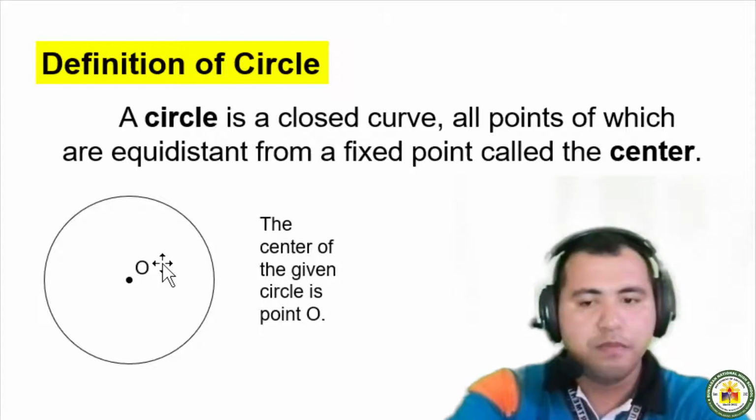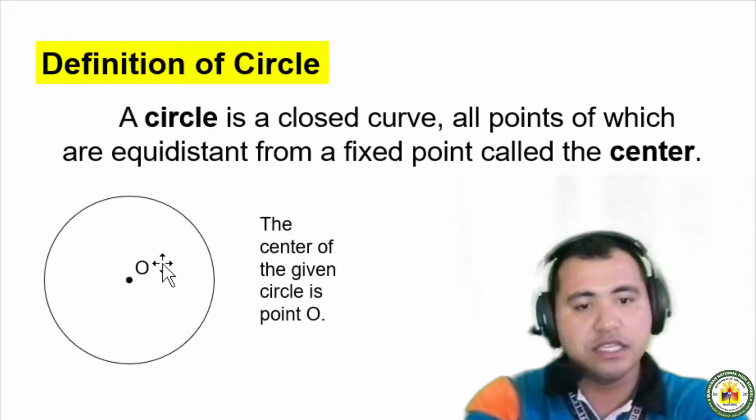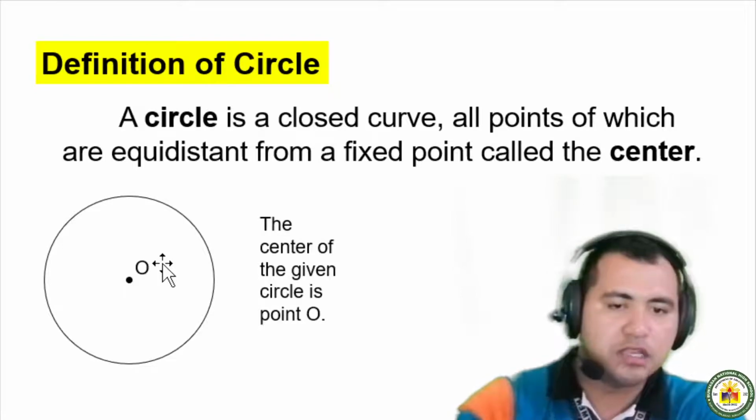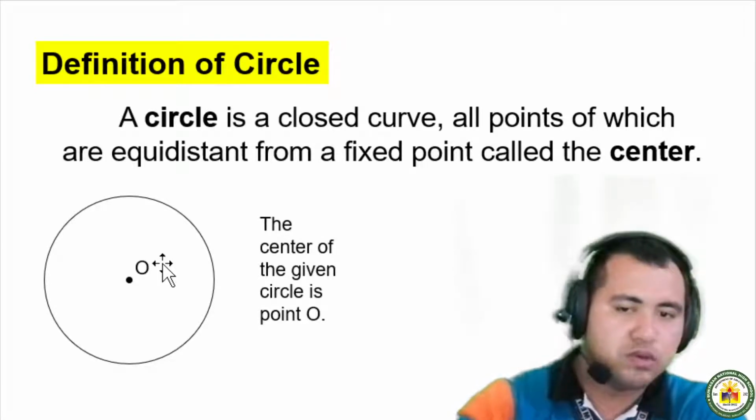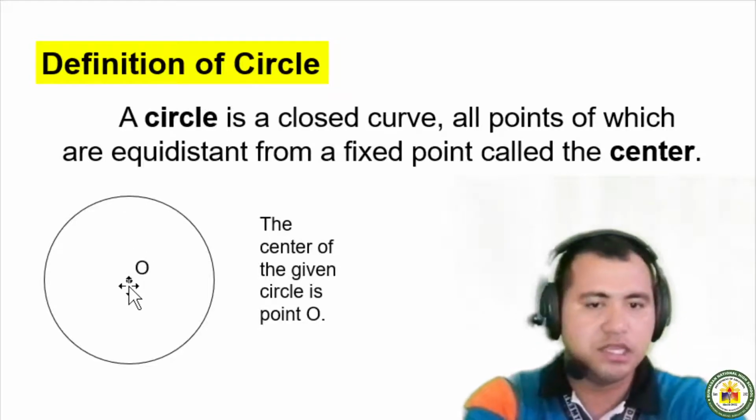Now, ang mga point is equidistant sa iyang center. When you say equidistant, pareho og sukod kung atong sukdon gikan sa iyang kilid paingon sa iyang center.